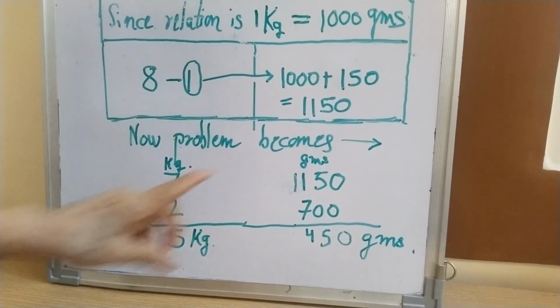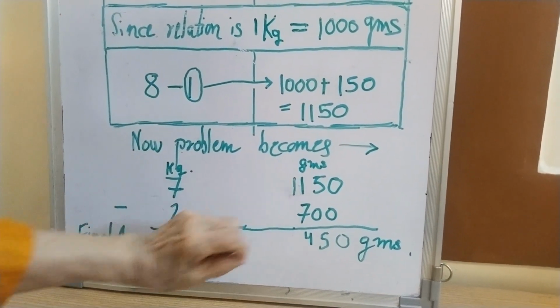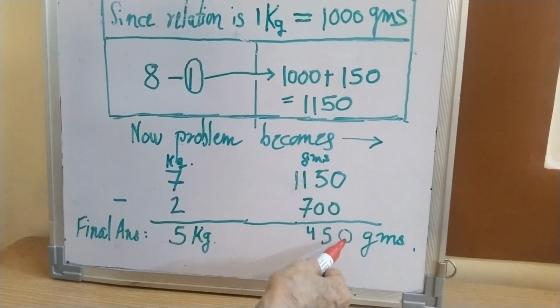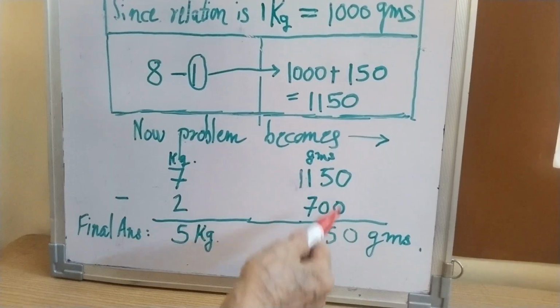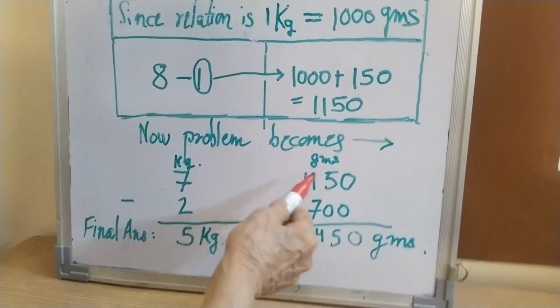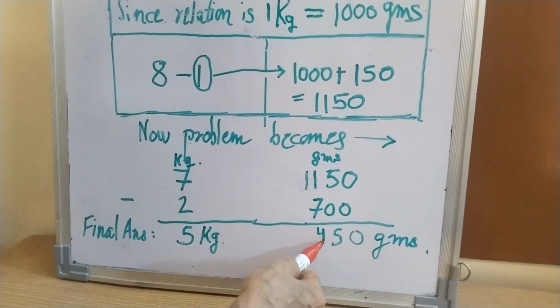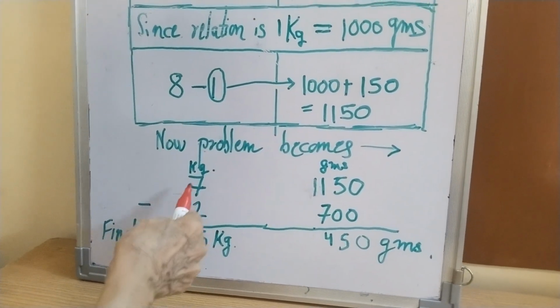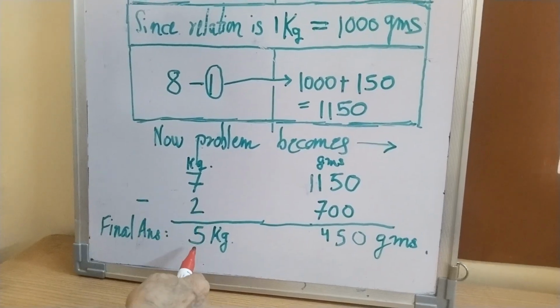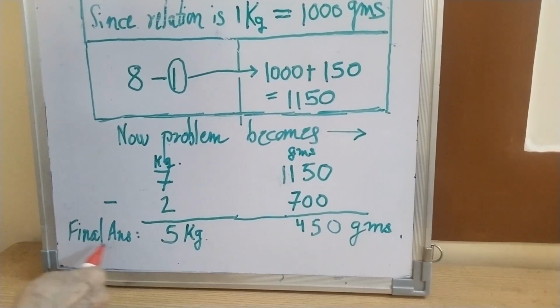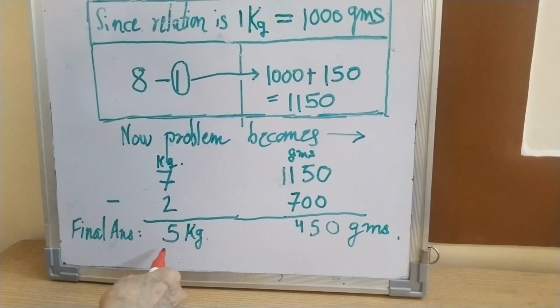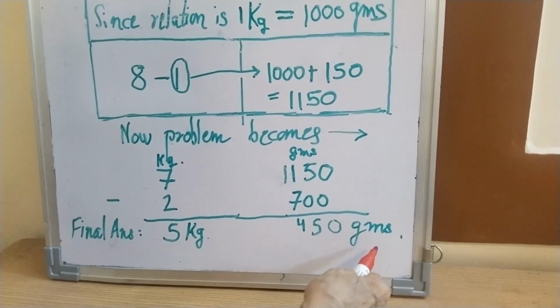Now let us see the subtraction on the grams side. 0 minus 0 is 0, 5 minus 0 is 5, and 11 minus 7 is 4. Here on the kg side, 7 minus 2 is 5 kg. So our final answer is 5 kg 450 grams.